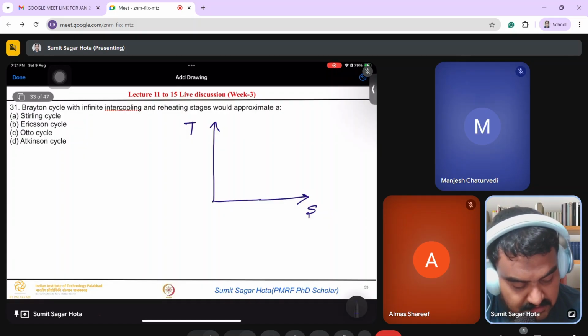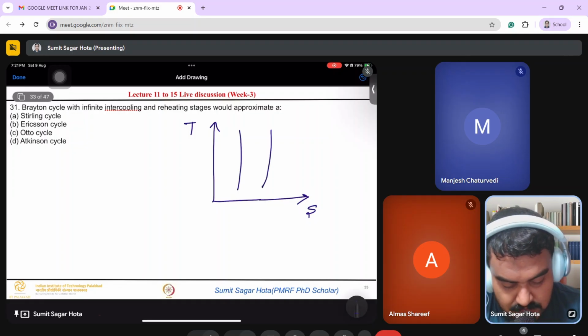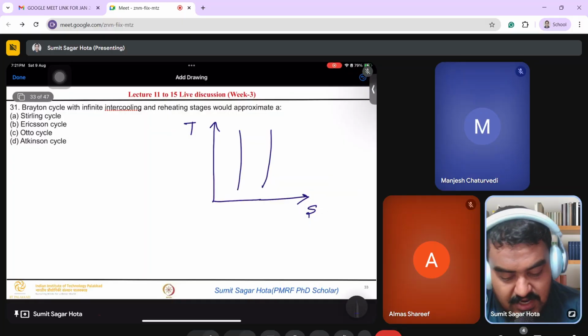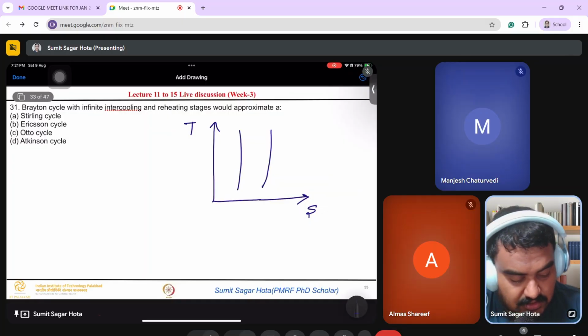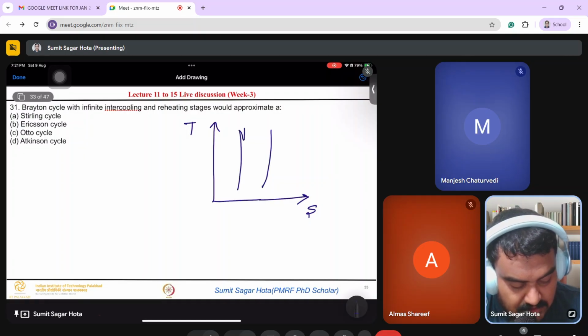They are telling a Brayton cycle with infinite intercooling and reheating. So let's do intercooling, then reheating, intercooling, then reheating, and so on. It can actually go up to what? Infinite.